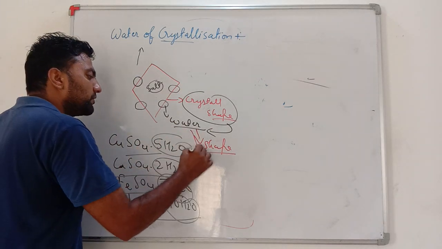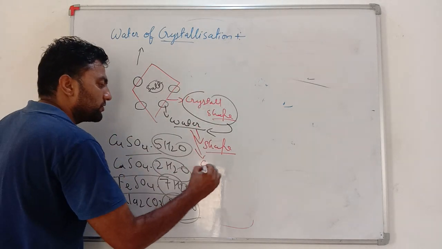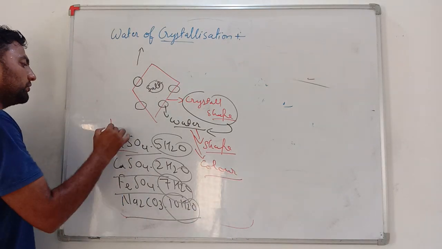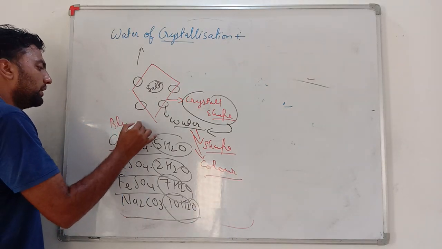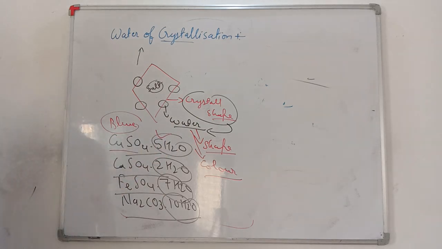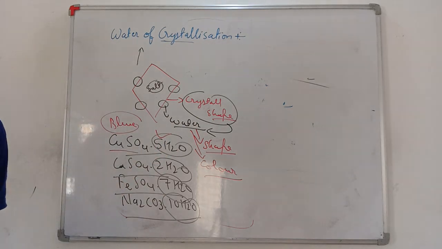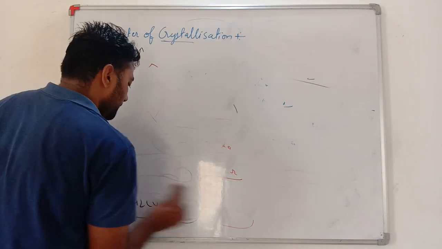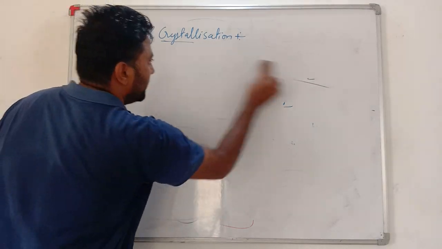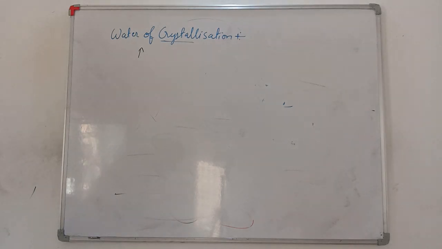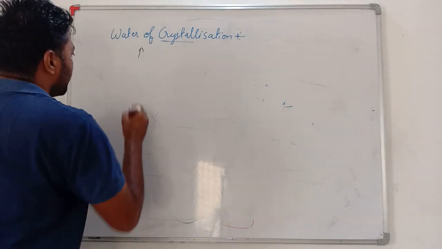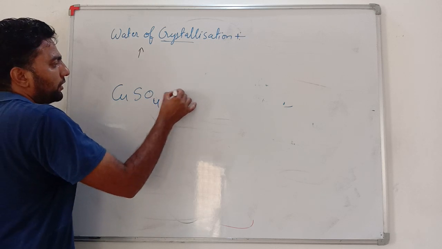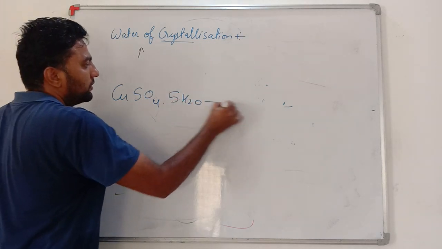Moreover, this water of crystallization is also the reason for the color of that salt. As CuSO4 has a blue color, the reason is this ·5H2O. So what happens if I heat this salt a lot? Let's take the example of CuSO4·5H2O.